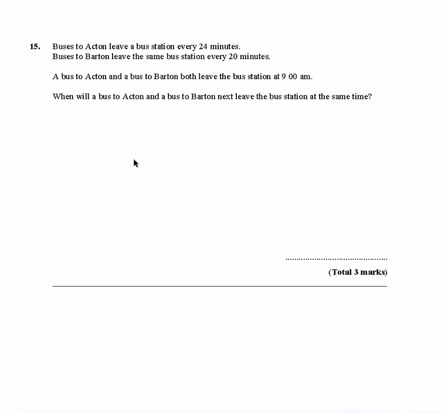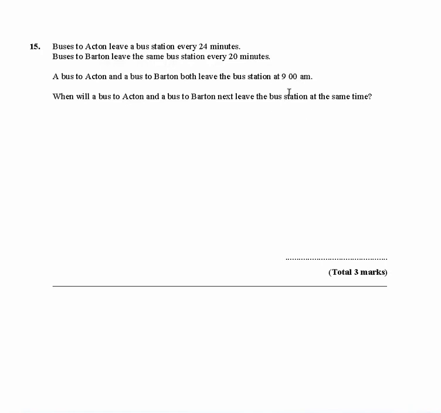So you've got a list of all the times that the buses are going to leave to Acton. Do the same thing for Barton: 20 minutes, 20, 40, 60, 80, and so on. Sooner or later, a number will appear in both lists. Okay, and that's how long you'll have to wait. Then you can add that time onto 9 o'clock.